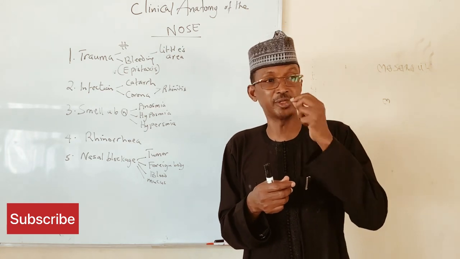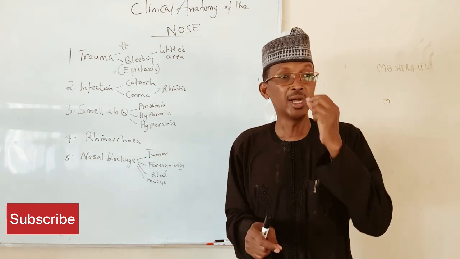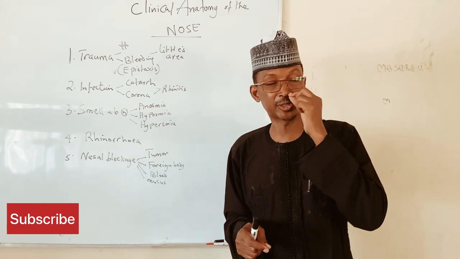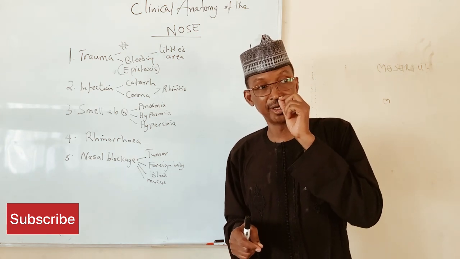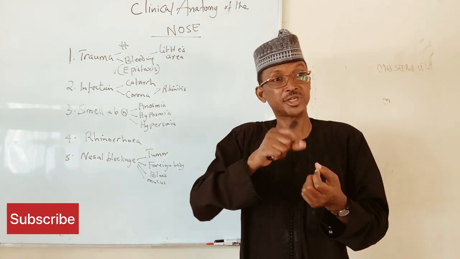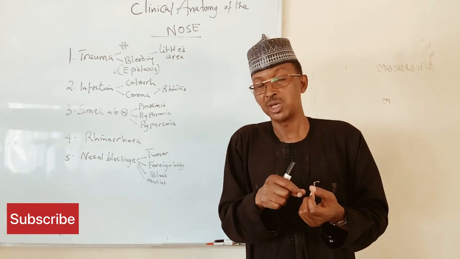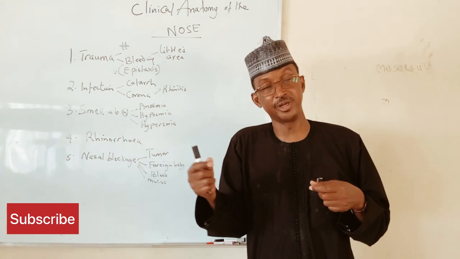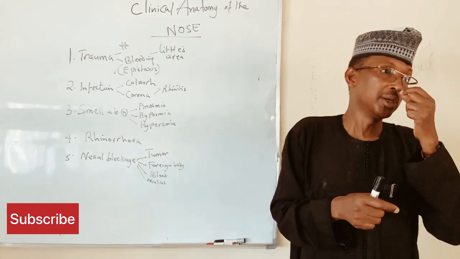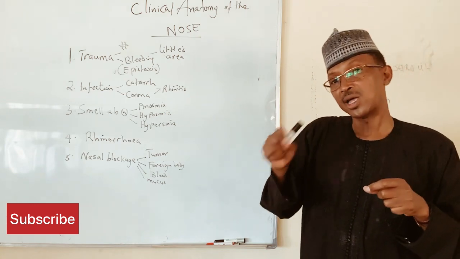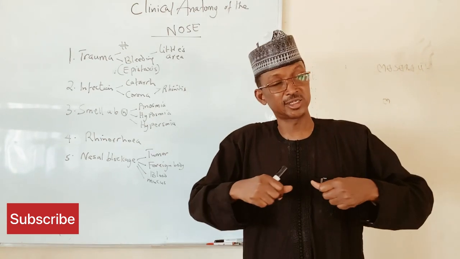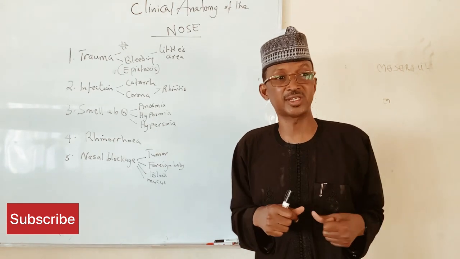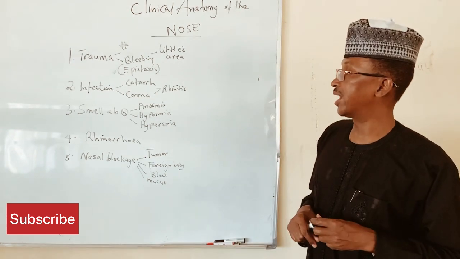You can put the nasal drops on a cotton wool, and then you put it in the nostril that is bleeding. So you put the cotton wool there together with the nasal drop, that will control the bleeding. It has some chemical, the epinephrine component of it will go and act on the blood vessels so that it gets vasoconstricted and constricts the area.